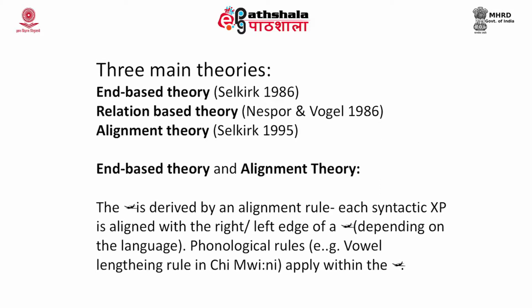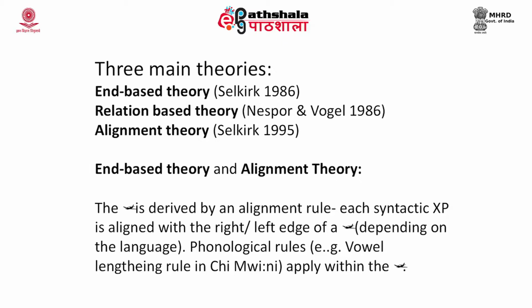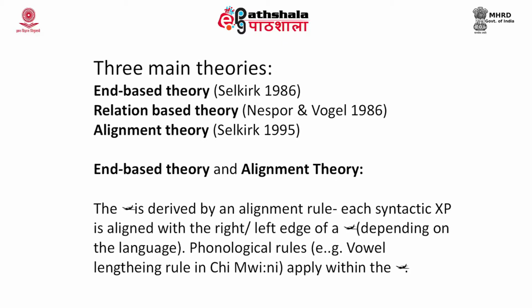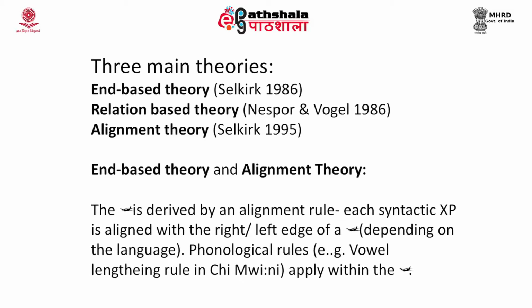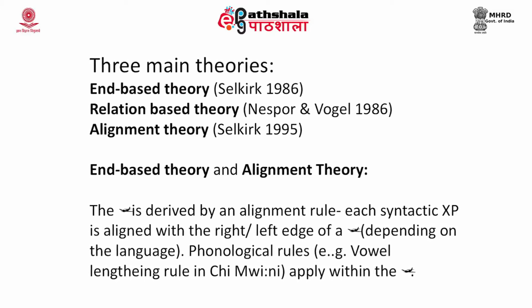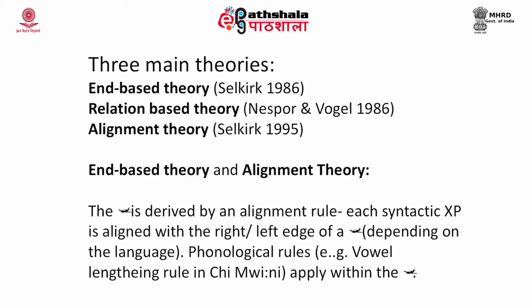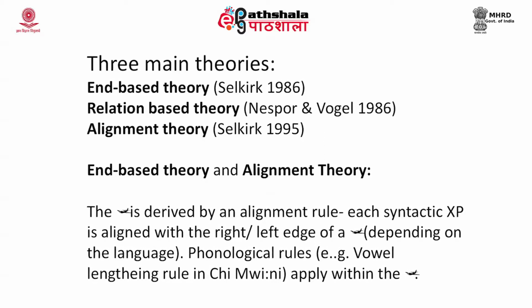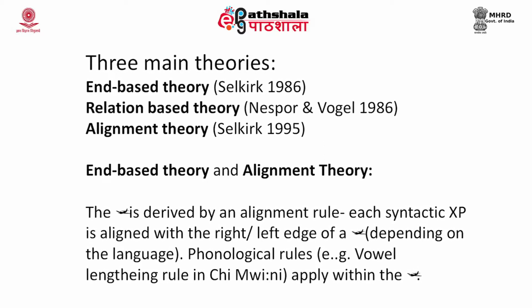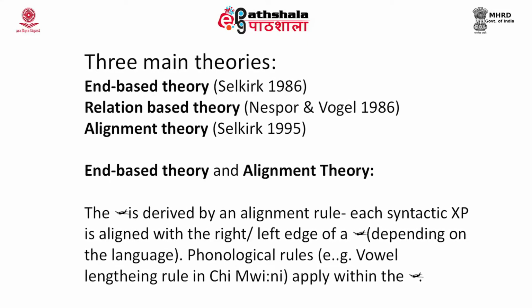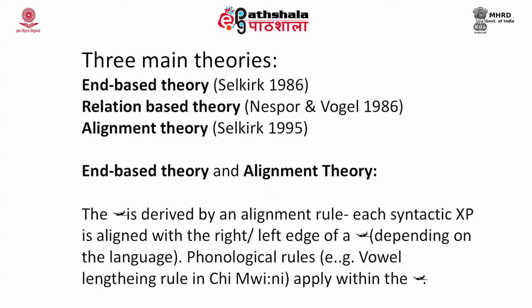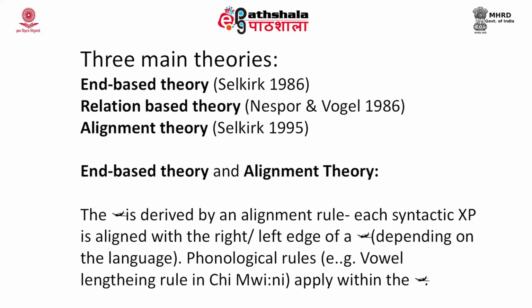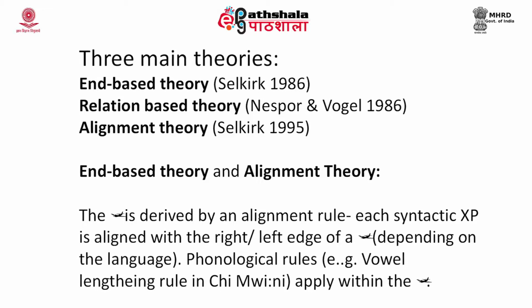Alignment theory and end-based theory are related, and actually they have come from the same proposal. What end-based theory and alignment theory say is that the syntactic phrase and the phonological phrase must be aligned at one of the edges, either the right-hand side of the phrase or the left-hand side of the phrase. That's the relation between syntactic structure and phonological structure.